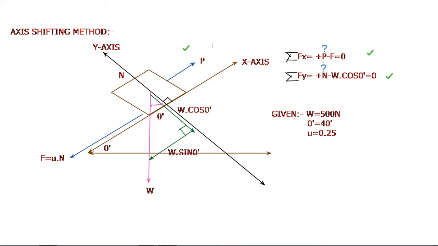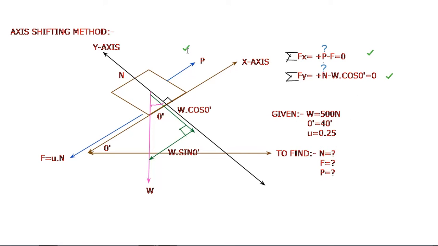Now, if these values are given, which values can you find? You are able to find the value of normal reaction, the force of friction, and also the force P required for the body to get stable.